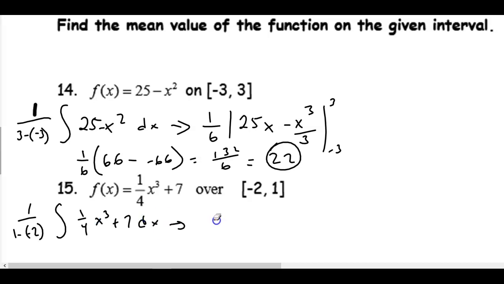And we integrate that. That's going to be, let's see, 1 over, that's plus, so 1 over 3 times 1/4 x to the 4th over 4 plus 7x, from negative 2 to 1.